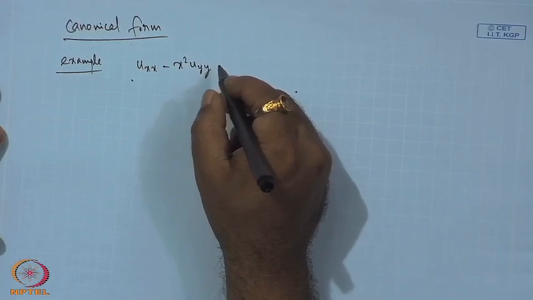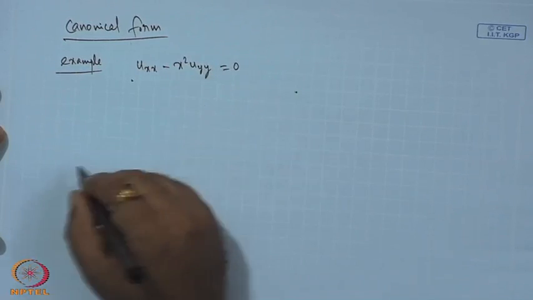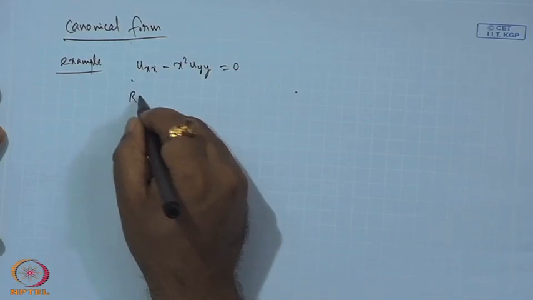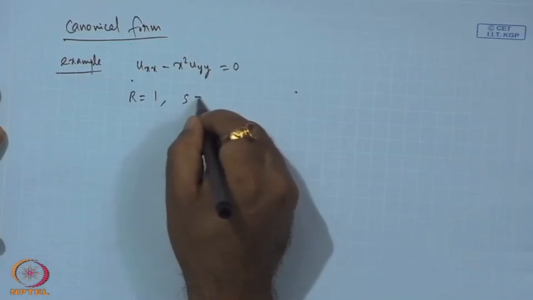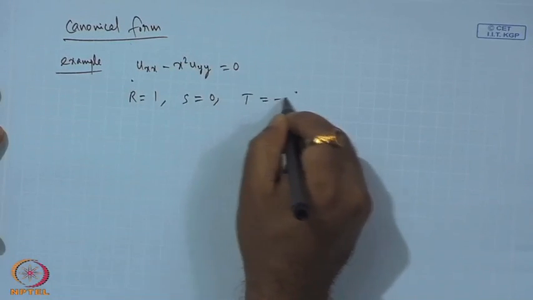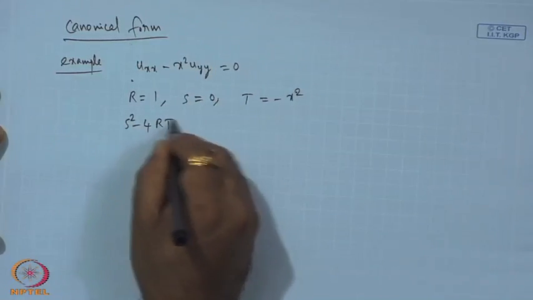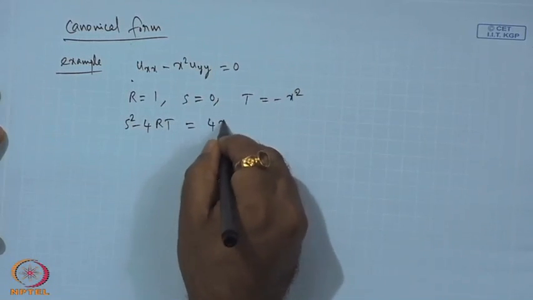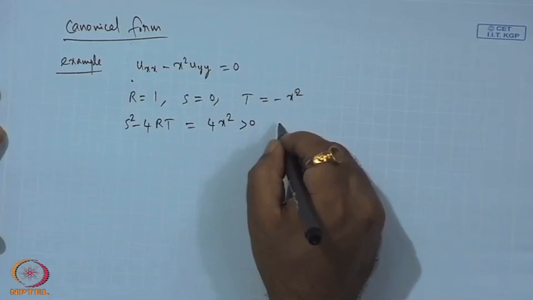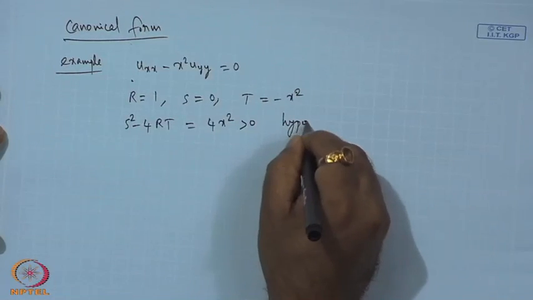Suppose this is our equation. Here r is 1, s is 0, t is minus x square. So, s square minus 4 r t is 4 x square greater than 0. So, it is hyperbolic everywhere.